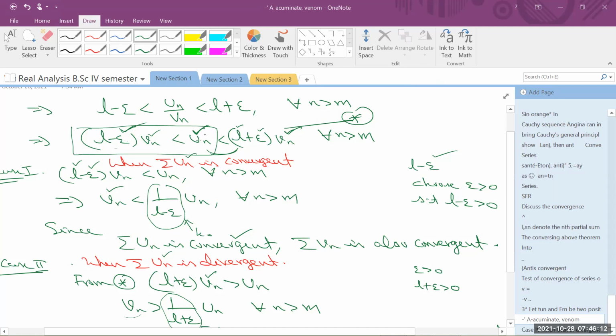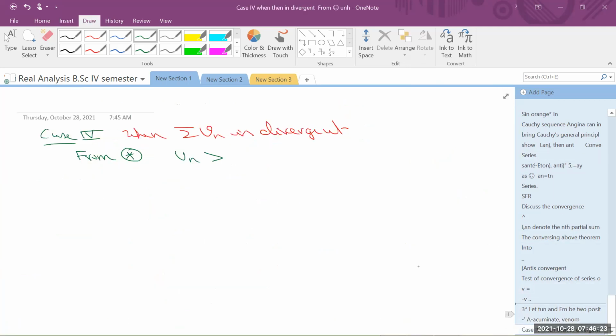So it will also hold for all those epsilons such that L minus epsilon is greater than 0. So I can write here that un greater than L minus epsilon times vn.